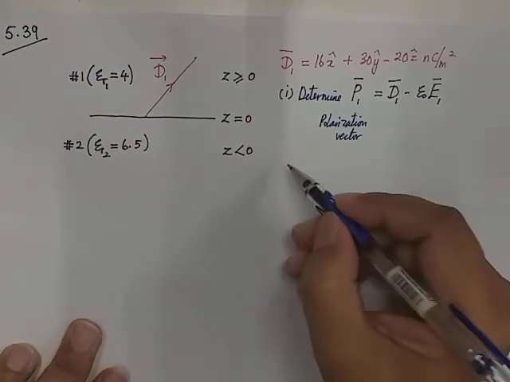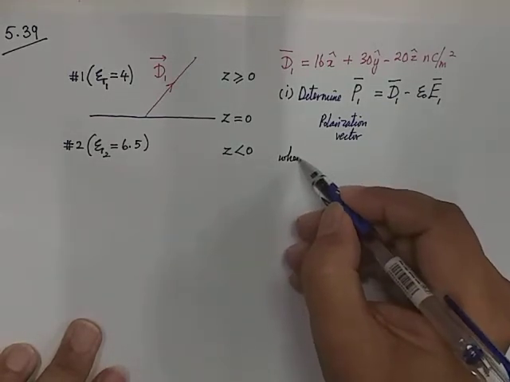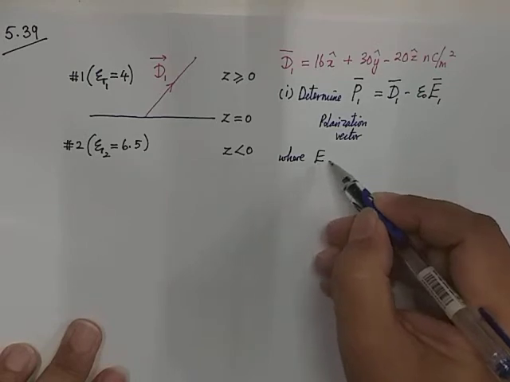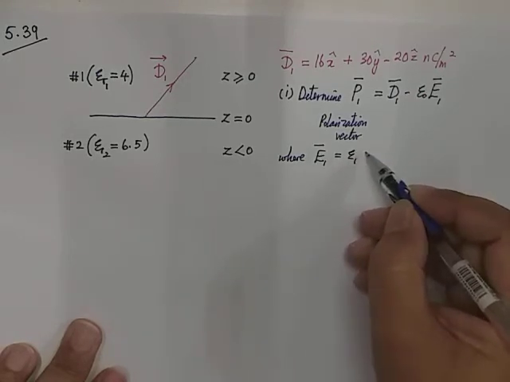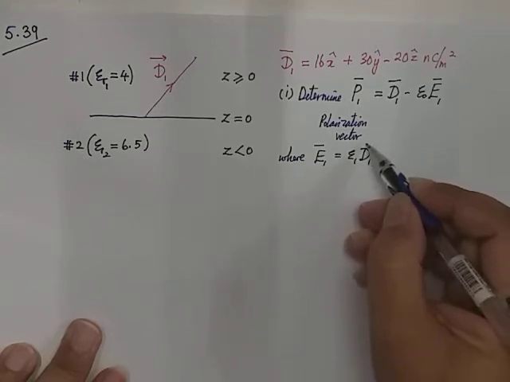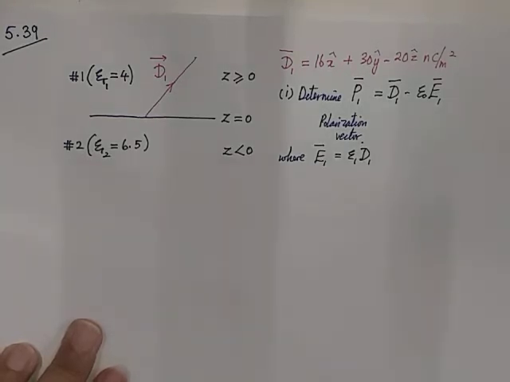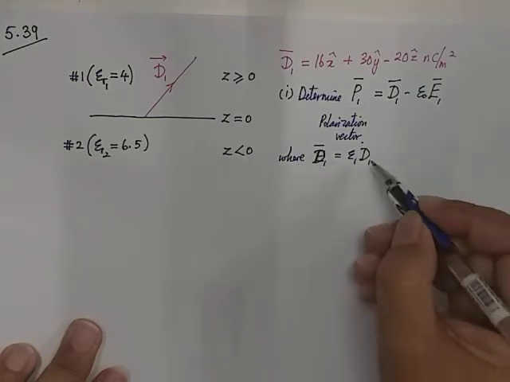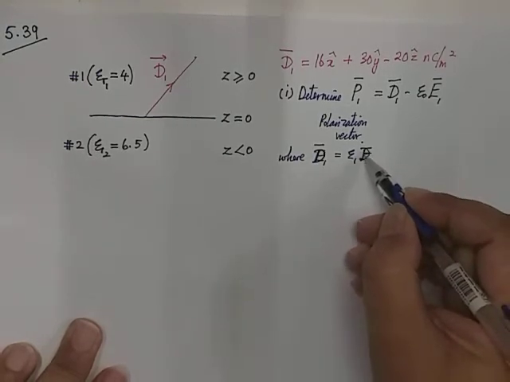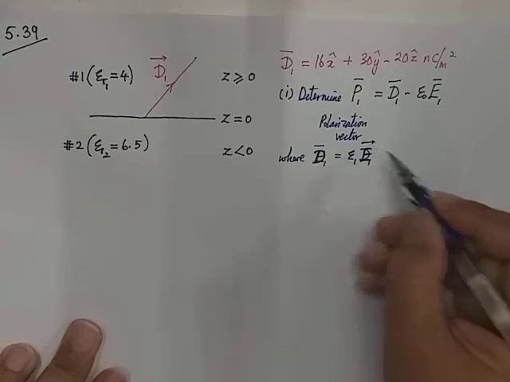We can write D equal to epsilon E, so D1 equal to epsilon E1. Okay, that should be the correct version.